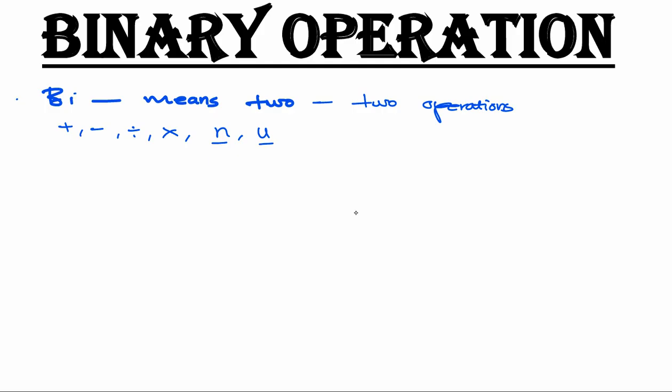For example, A intersection B union C, this was the distributive law which gives us A intersection B union A intersection C. So this kind of operation is what we are talking about, a binary operation, because it involves operating two operations in the same expression.